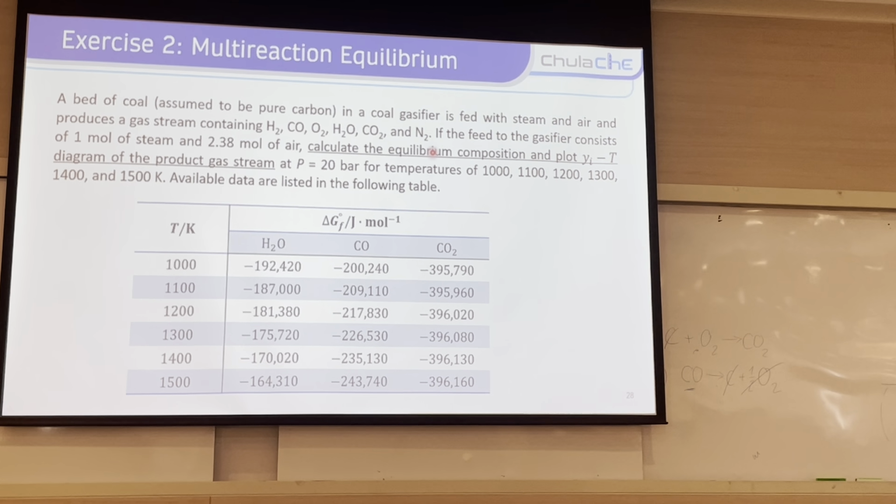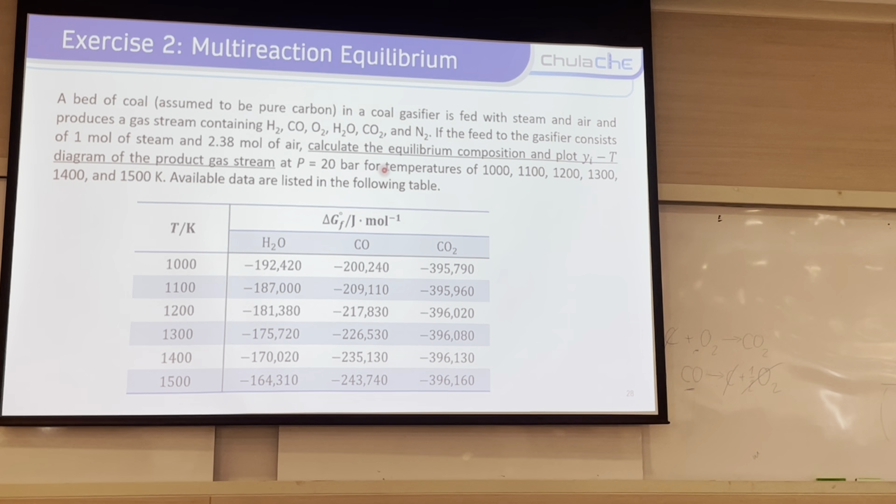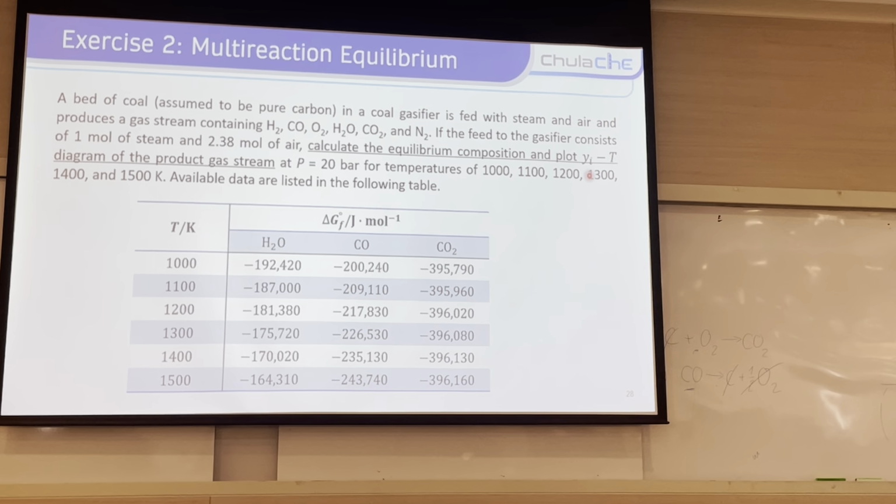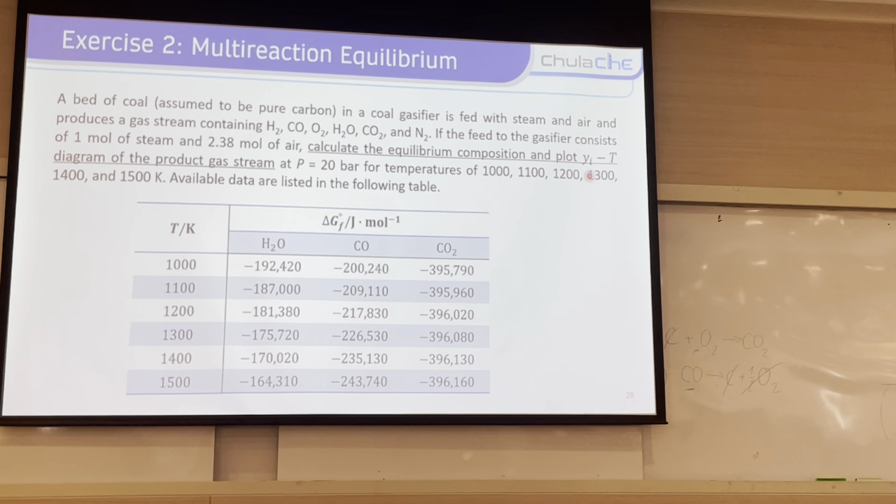And they say that the feed to the gasifier consists of 1 mole of steam and 2.38 moles of air. They want to know the equilibrium composition, and if possible, plot the mole fraction of each species versus the temperature change in the system.